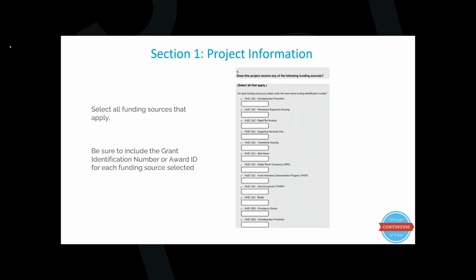And then in the text box, you'll provide the grant ID number or the award ID number for that particular funding. The list that's provided in the survey is pretty long, so read through all of them. At the very end, there's one option for other, which allows you to put in a funding source that's not listed above. And then there's an option that your project doesn't receive any funding at all.